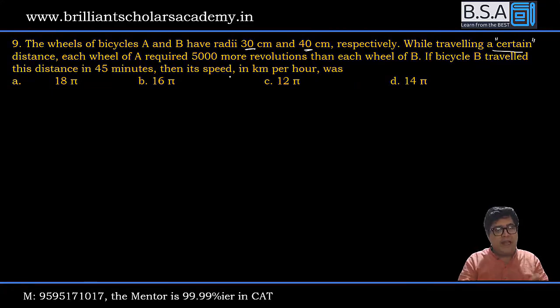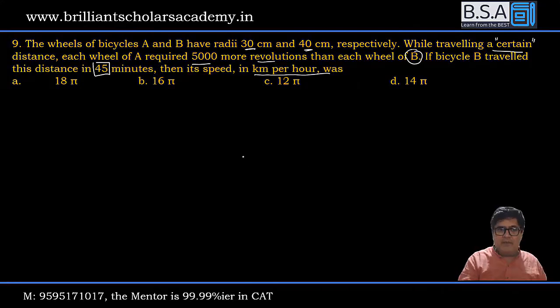So both cycles are traveling same distance. They have wheels of different sizes. The wheel of A required 5,000 more revolutions than wheel of B. And all of this was achieved by B in 45 minutes. So what is the kmph speed?